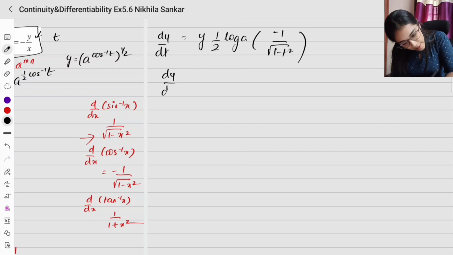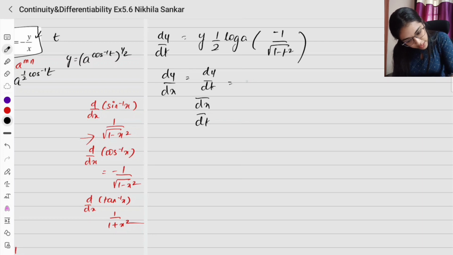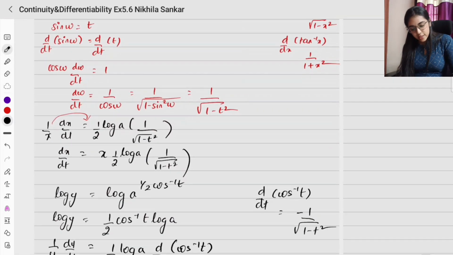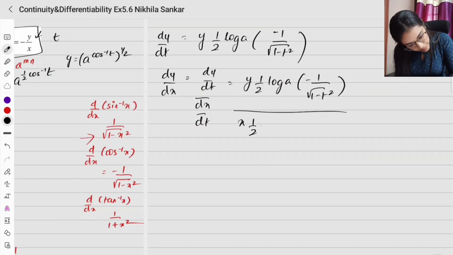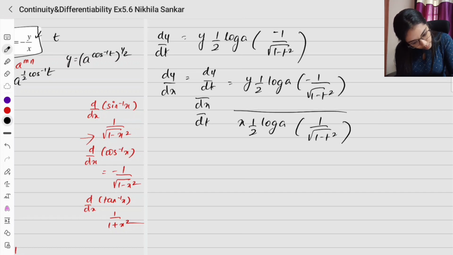dy by dx is going to be dy by dt divided by dx by dt. So I'll have dy by dt, which is y times half log a times minus 1 divided by square root of 1 minus t square, divided by dx by dt, which is x times half log a times 1 divided by square root of 1 minus t square.